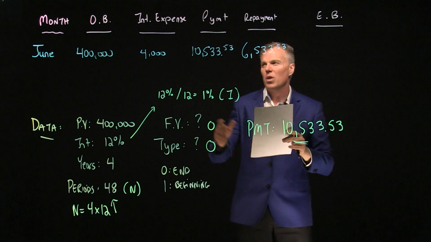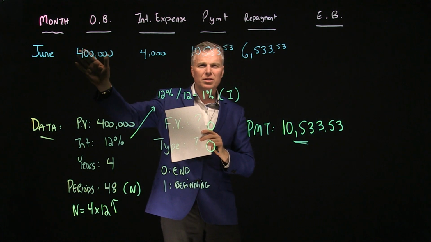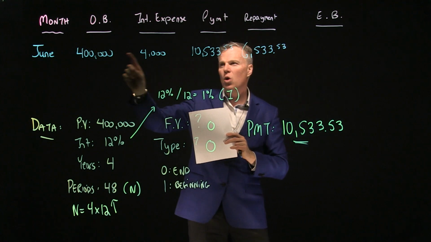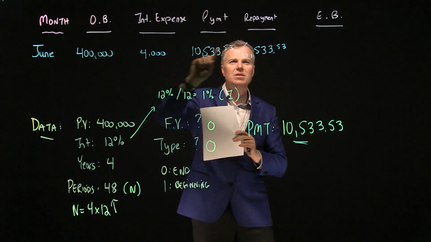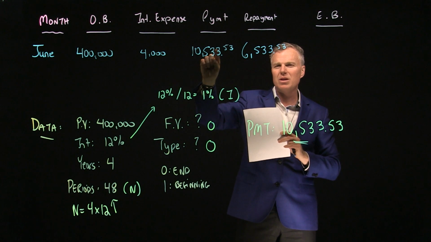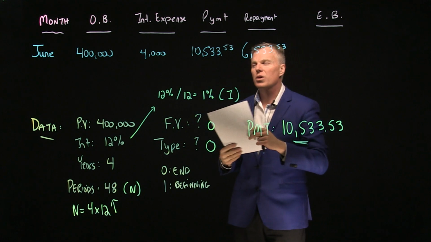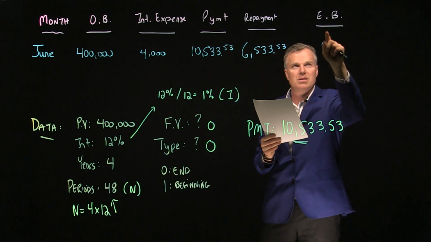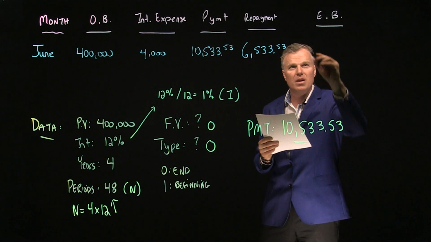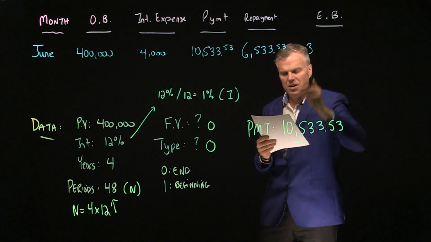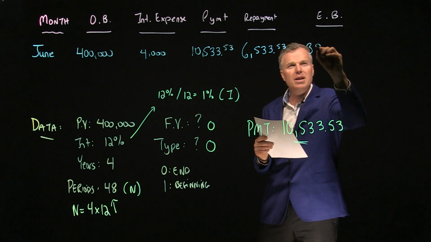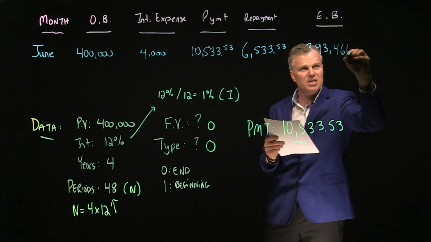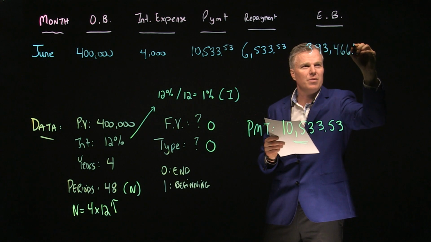That means that at the beginning of the month, we owed $400,000. After this payment, we owe $400,000 minus that repayment. Remember, this payment includes some interest charges. So we're going to have this amount minus that amount as our ending balance. That's what EB stands for. So that'll be $393,466.47.